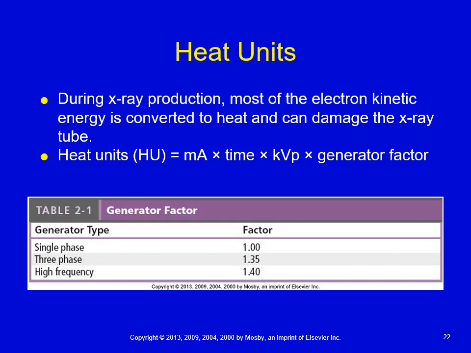You also want to look for warnings or unusual noises that your machine makes when you're making exposures. And you also want to learn how to use tube rating charts or anode cooling charts, and learn about heat units.